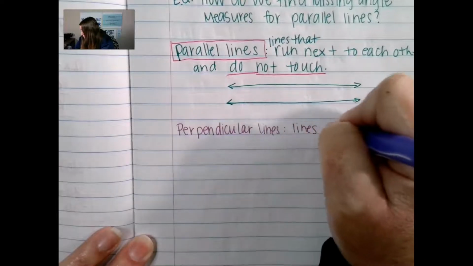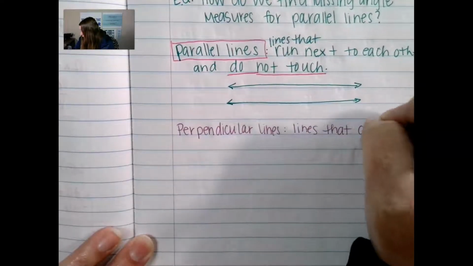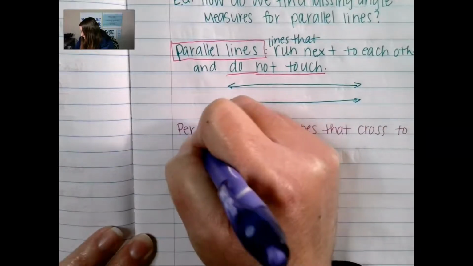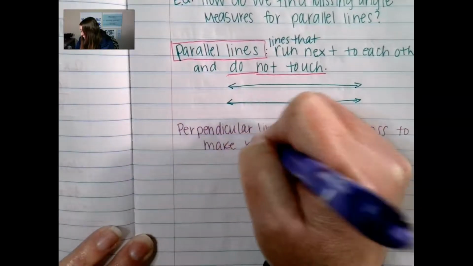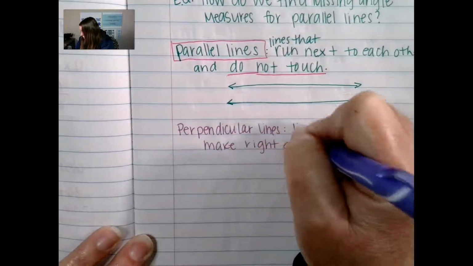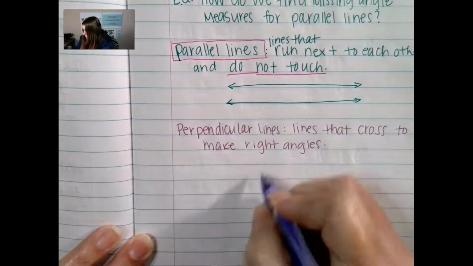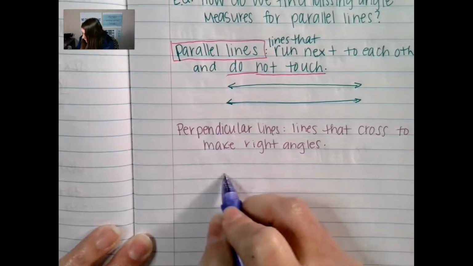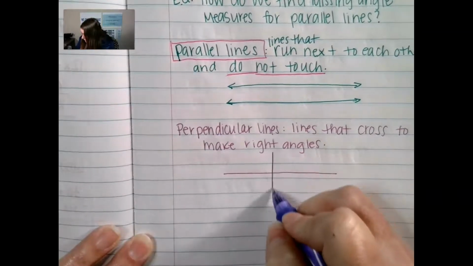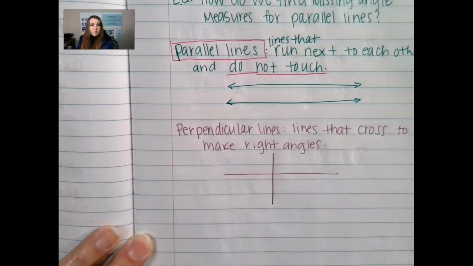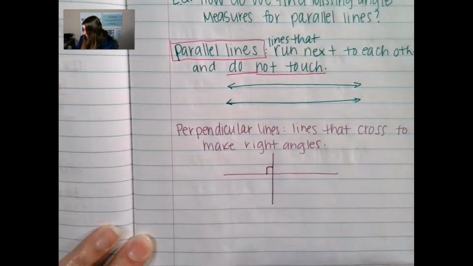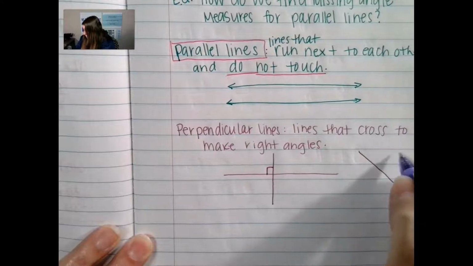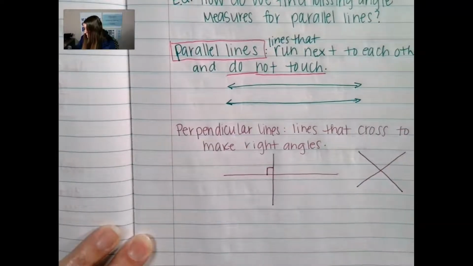Lines that cross to make right angles. So these ones look more like a big giant plus sign. Okay, so they go like this, and they kind of look like our vertical angles, like this, right?